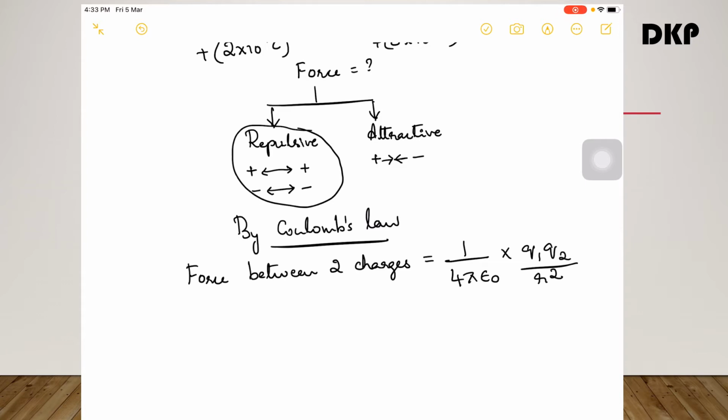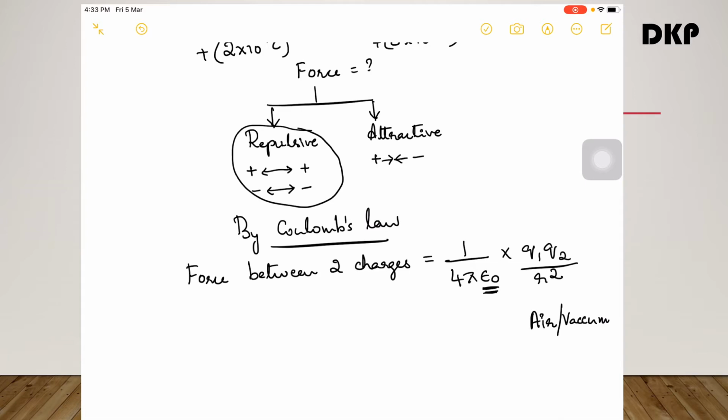We have used epsilon 0 here, because in the question they have given that these charges are placed 30 centimeter apart in air. If it is air or vacuum, if it is mentioned in the question air or vacuum, we use epsilon 0.